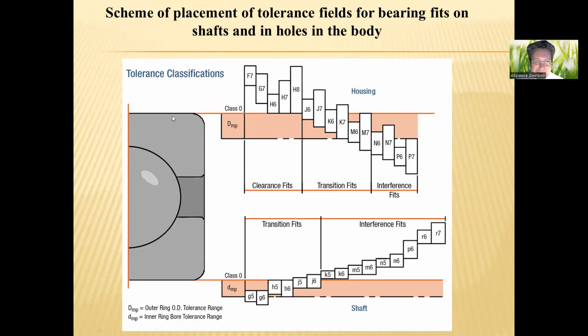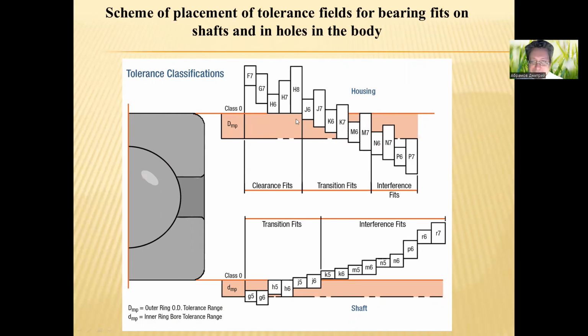Tolerance fits between the outer ring of the bearing and the housing, the hole in the housing. You can see clearance fit, it's big F, G, H, H6, H7, or H8. It's the tolerance field of the hole in the housing.